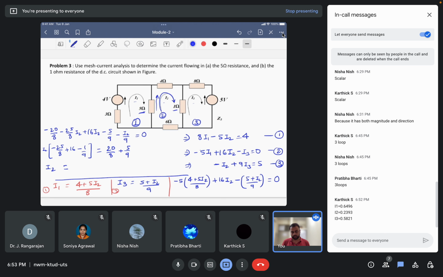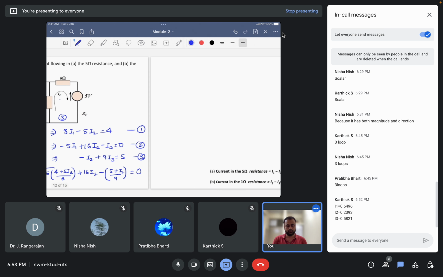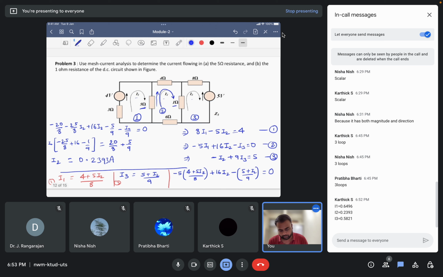So I am getting I2 as 0.239 amps. Just let us verify. Okay, so yeah, Karthik has already solved the problem. 0.2393. So the value of current I2 is known.